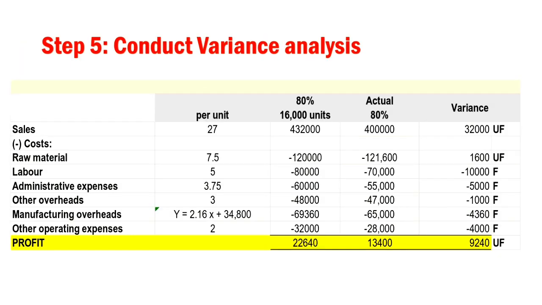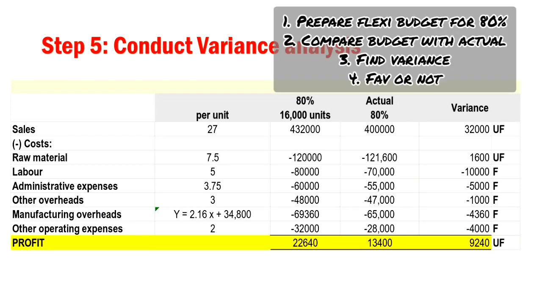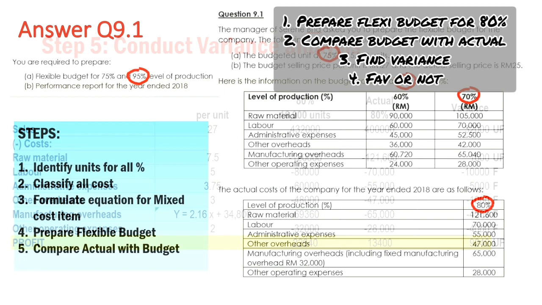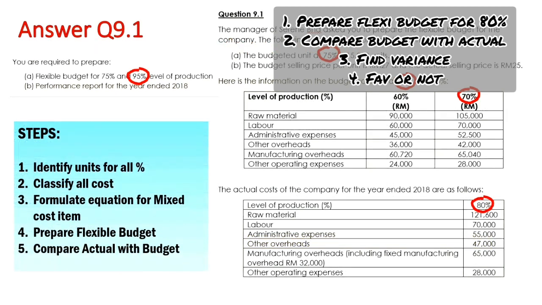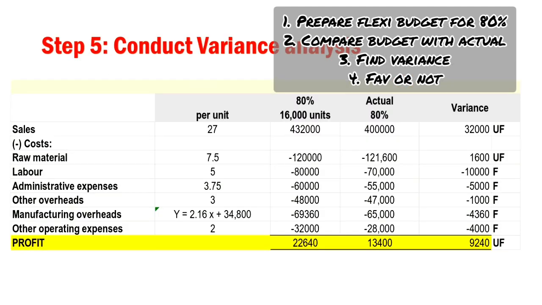Step number 5. Conduct variance analysis. So in order to conduct variance analysis, you have to compare between budget and actual. So you should refer back to the question. If you allow me to go back to the question here, the actual cost is given for us at 80% level of inflation. Since we never prepared the budget for 80% yet, now we have to prepare the budget for 80% first.